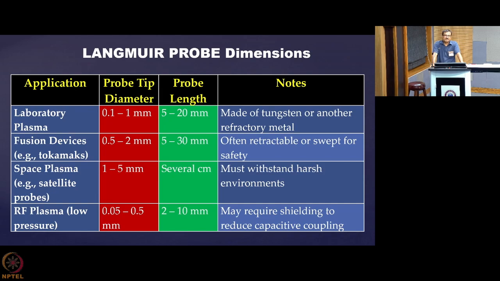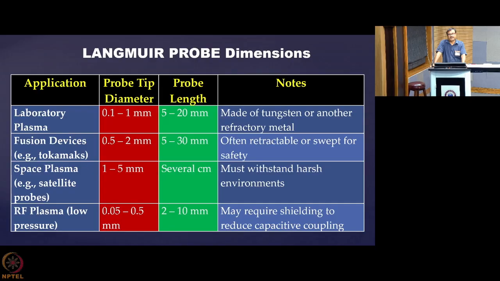And for space plasma, these are the satellites or space vehicles you are sending to space. For that, the probe tip diameter usually used is 1 to 5 millimeter, and the probe length is several centimeter, and it must withstand the harsh environment you may face.